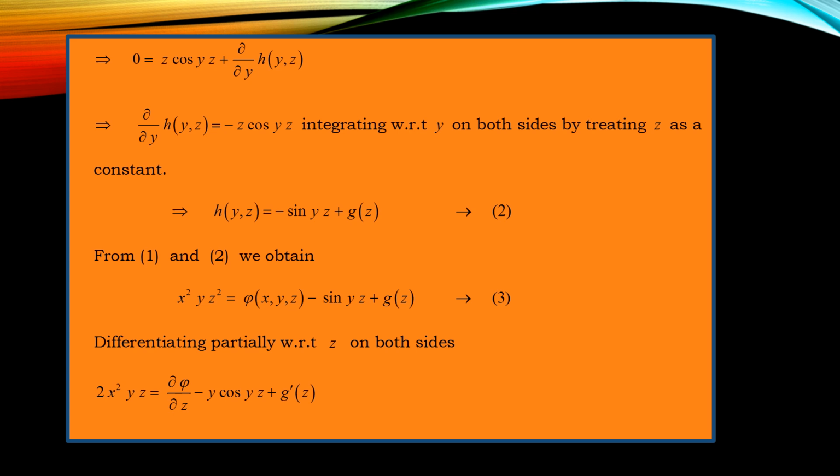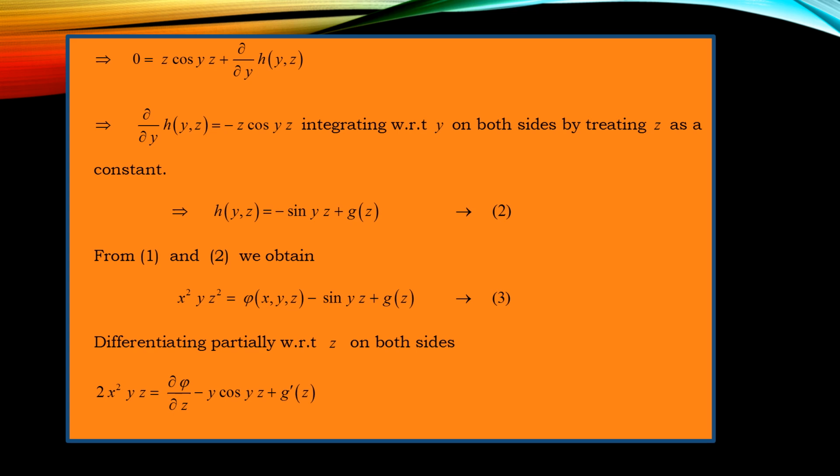We integrate this equation with respect to y on both sides by treating z as a constant. Then we get integral ∂/∂y h of y, z is equal to integral of minus z cos yz plus some constant.